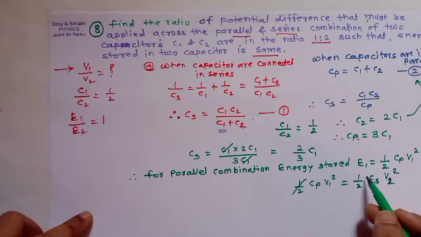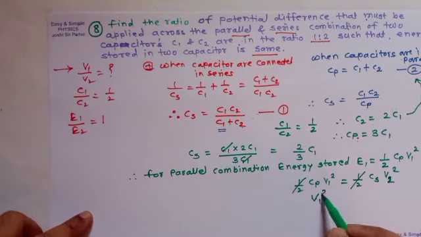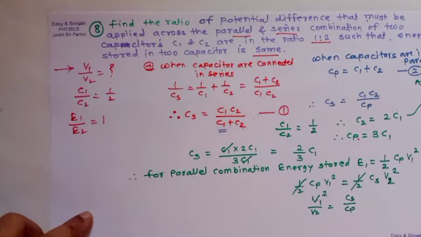Half gets cancelled. Therefore V1 square upon V2 square is equal to Cs upon Cp.